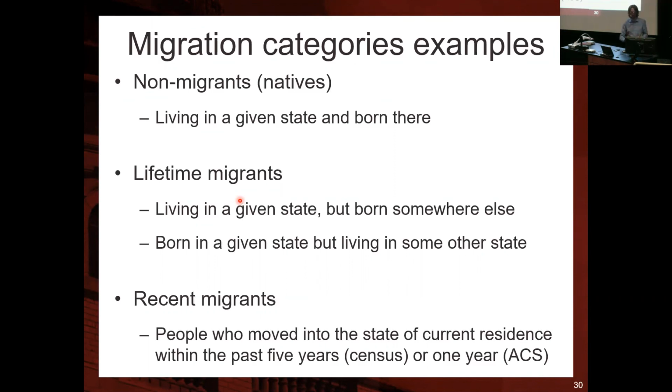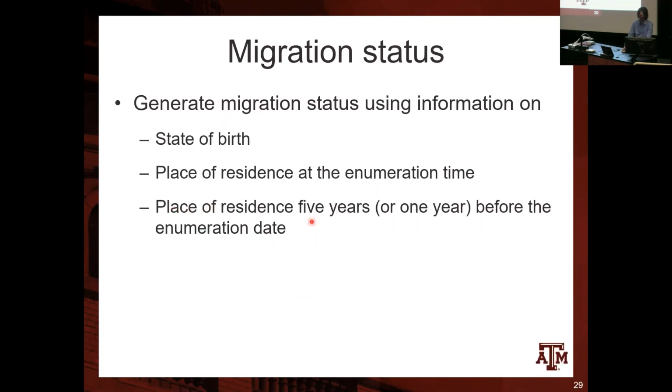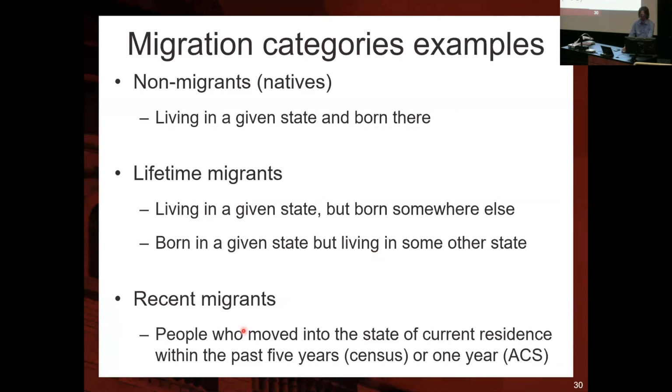That's a lifetime migration. Recent migrants, I use this information here, place of residence 1 year ago. These are people who moved into the state or the current residence within the past 1 year using the American Community Survey, or 5 years using the census.